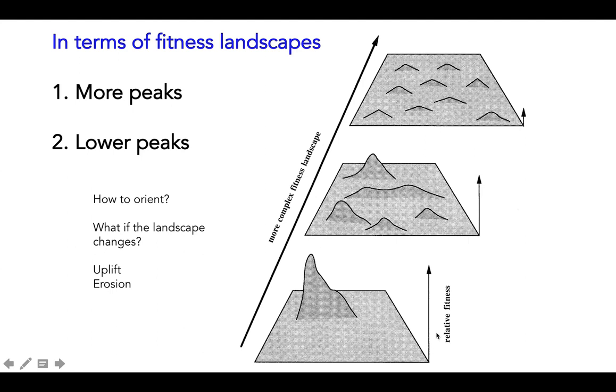So here we went from basically optimizing one task to multiple tasks to more tasks, we see a change not only in the relative fitness, but also we go to more complex fitness landscapes.